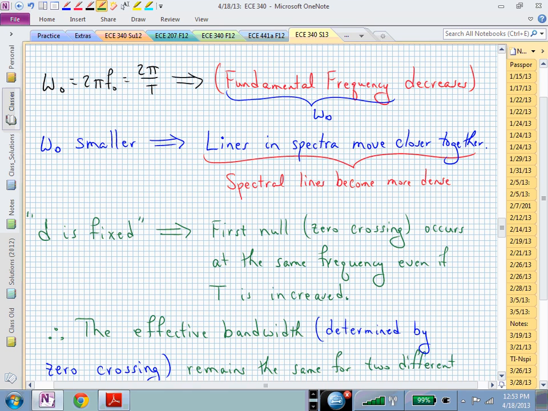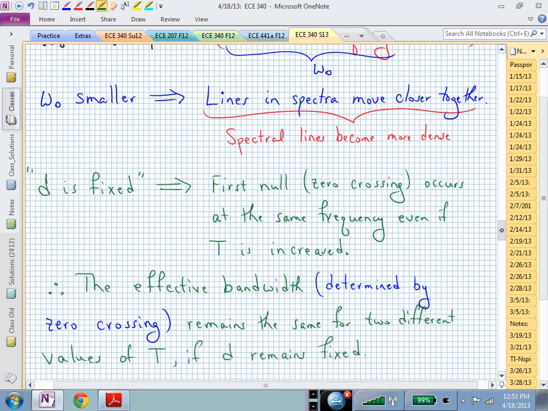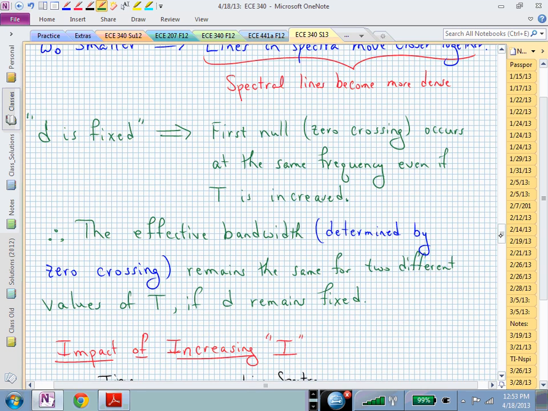So now what is that going to do? If D is now fixed, then the first null, effectively we haven't moved that zero crossing.